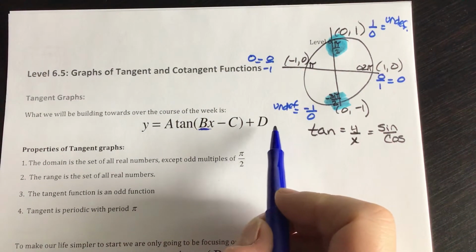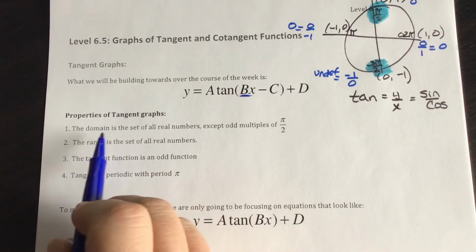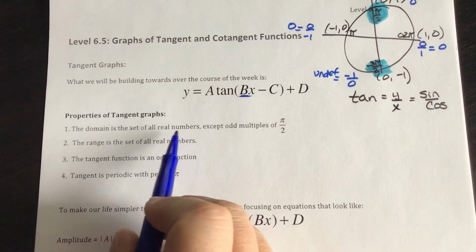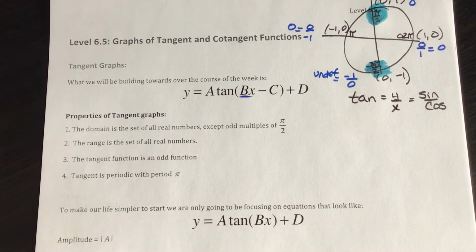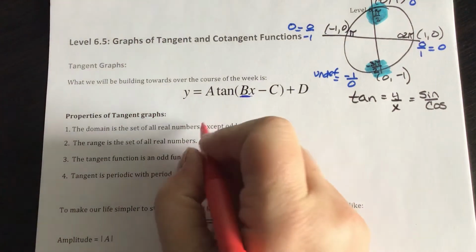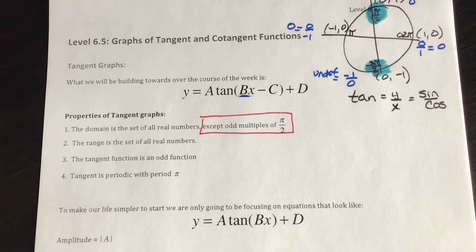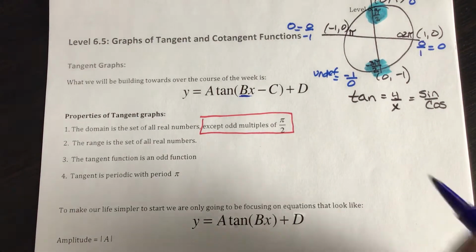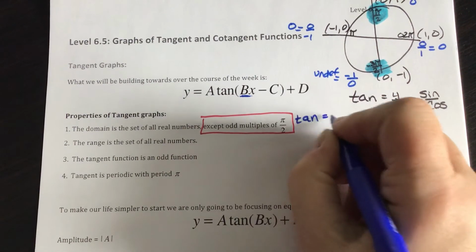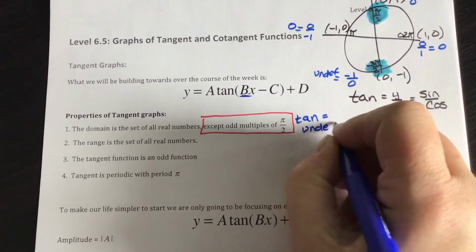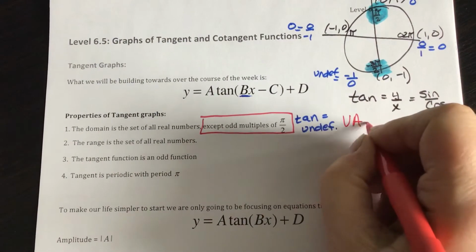In the properties, it says first that the domain is the set of all real numbers except for odd multiples of pi over 2. That's important. It is at the odd multiples of pi over 2 where tangent is undefined, and this is where we're going to get our vertical asymptotes.